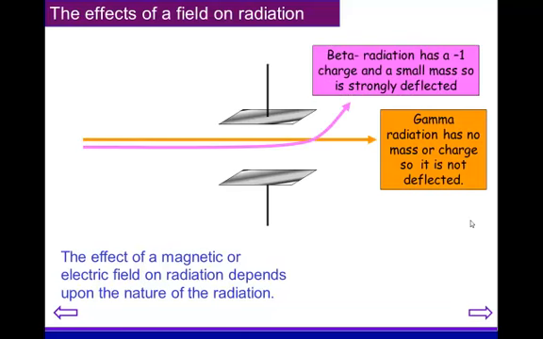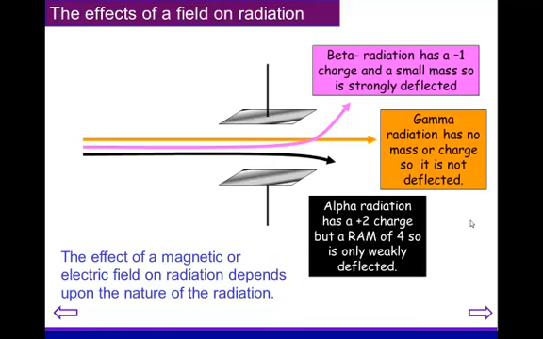Beta radiation has a charge and also has quite a small mass, so it is strongly deflected, and the direction of the deflection depends on whether it's a negative or a positive type of beta radiation. And alpha radiation, although it is more charged, has much, much greater mass compared to beta radiation, so it is only deflected weakly. There's only a slight deflection there.